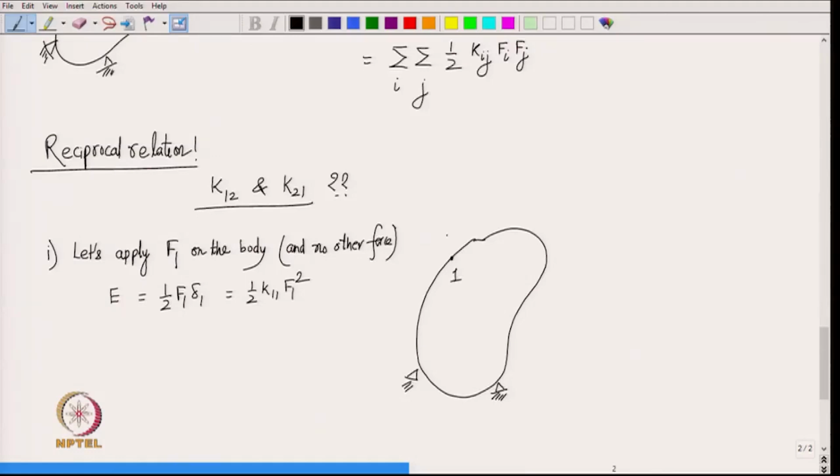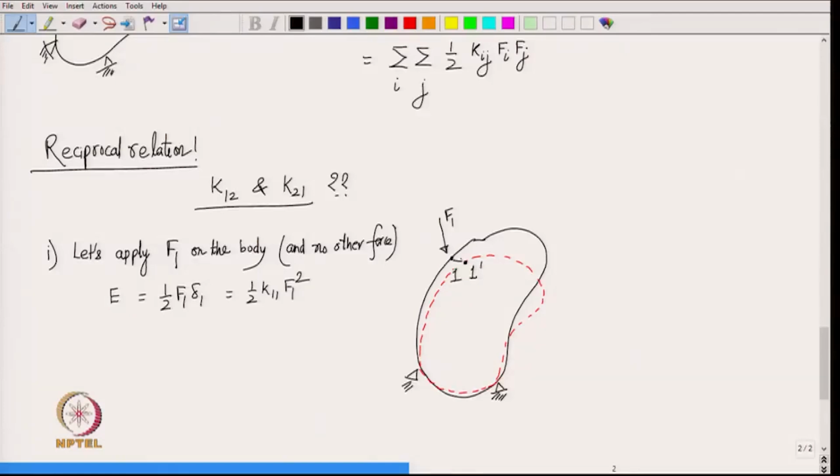point 1, you applied F1 and the body gets deformed, right, maybe something like this. And the clamped points should not displace. So, suppose that the new point 1 is here, that is 1 prime.